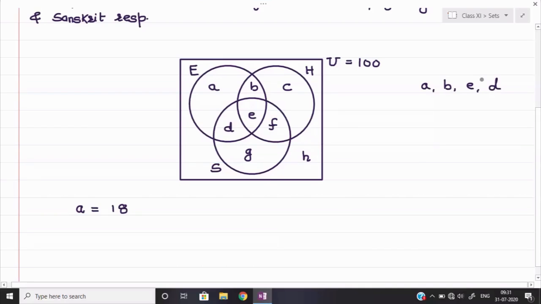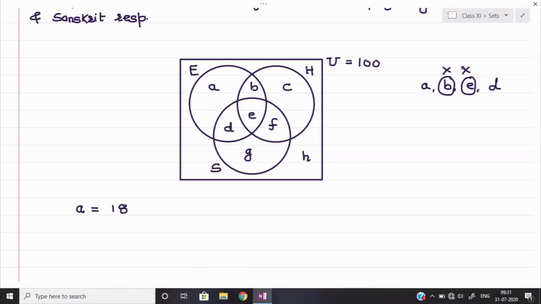Now out of that, note that B and E are those letters which are common with English as well as Hindi. So these two we cannot take, because we are given English but not Hindi. That's why B and E would not be taken.